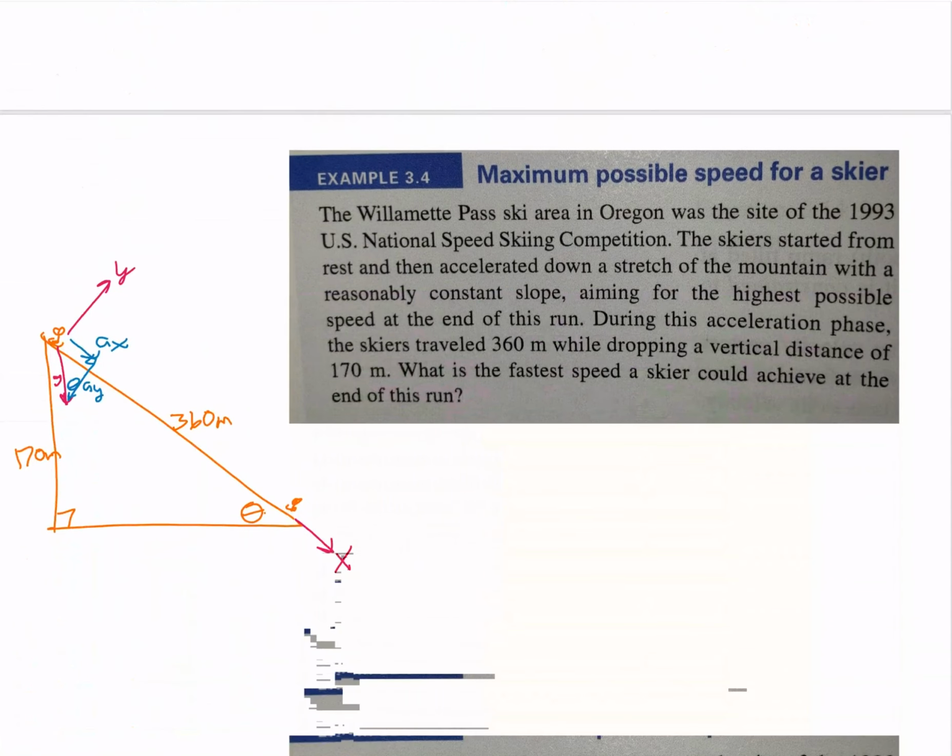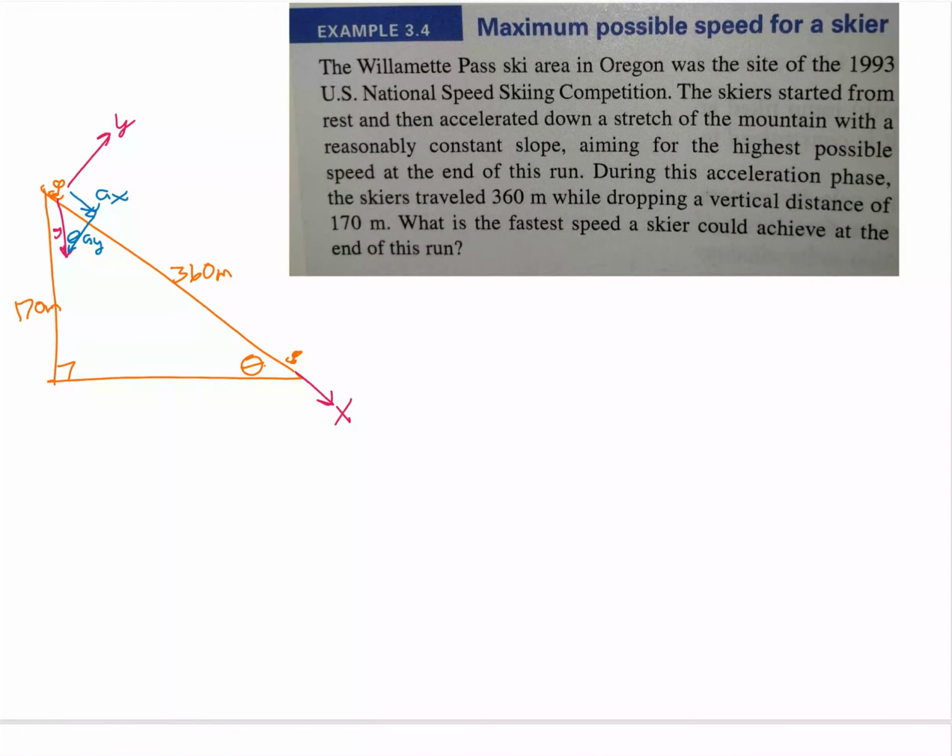All right. So now, what do we know? The distance traveled in the X direction. Okay, so we know delta X is 360 meters. We know G is 9.8 meters per second squared. What else do we know?